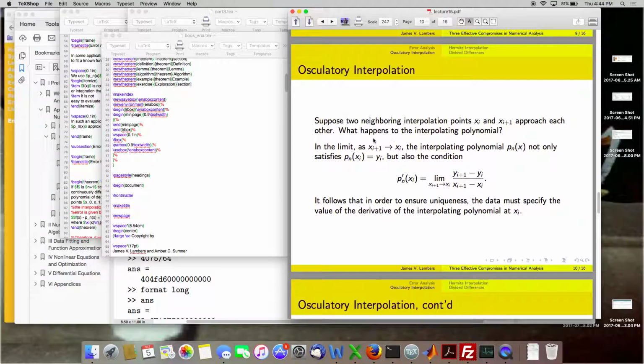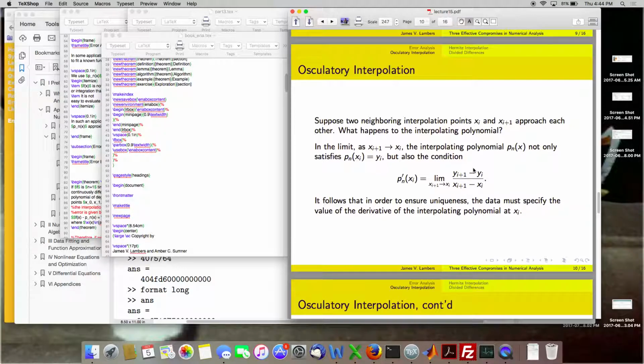Because if I have two interpolation points, xi and xi plus 1, that are initially distinct, but I let them approach one another, so xi plus 1 is converging to xi, the corresponding y values, assuming everything is continuous, are also converging to each other.